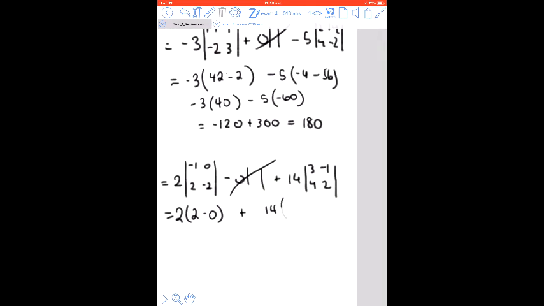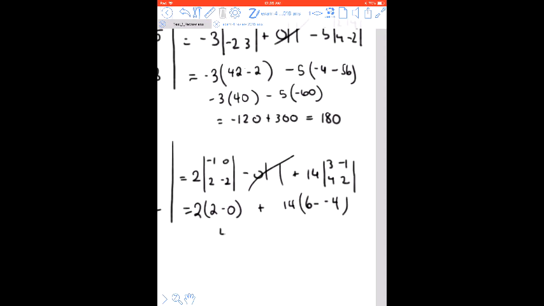And then the determinant of this matrix is 6 minus negative 4. Let's see, 10 times 14 is 144. Alright, try that again, since 10 times 14 is 140, so this is 144. There we go.